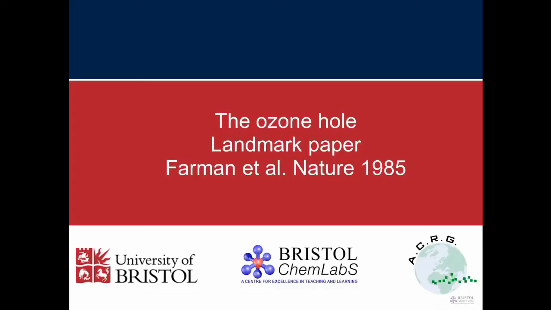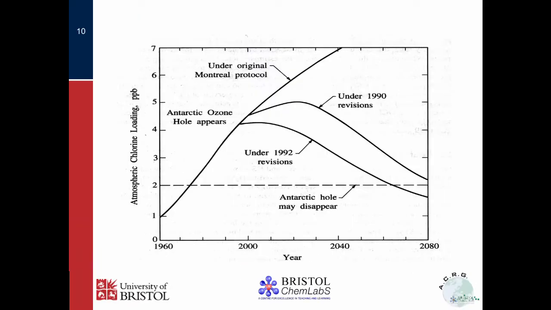And so we can think about what has happened over recent times. We're not going to go into the whole ozone story, but back in 1985, Joe Farman from the British Antarctic Survey and colleagues alerted us to the fact that there was a problem with the ozone layer over the Antarctic, and that ozone was being depleted.